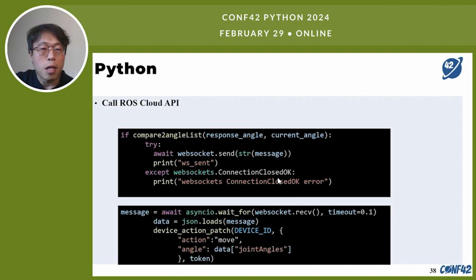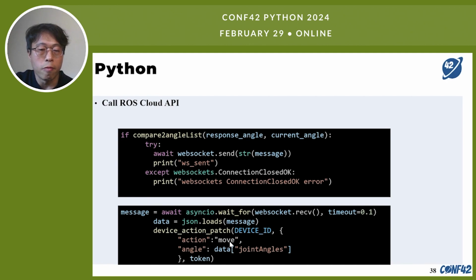Here we see how the Python code calls the ROS Cloud API. We use a function to compare the angle list to make sure the angle they want to change to is different from the previous one, and if it is, we call the API instantly. In the second part, we see the device agent function we mentioned in the previous slide.